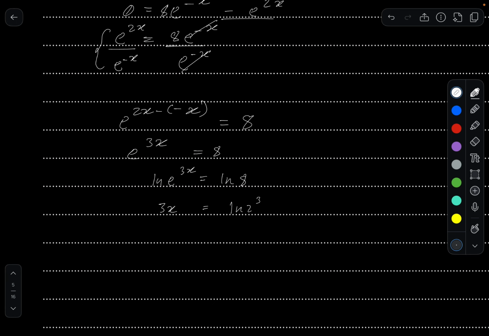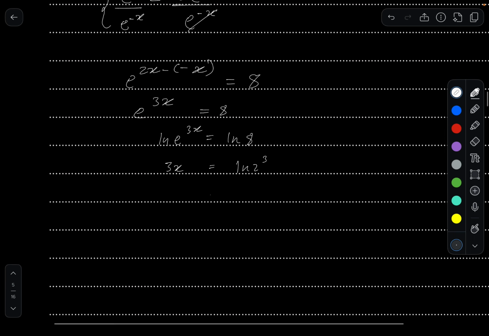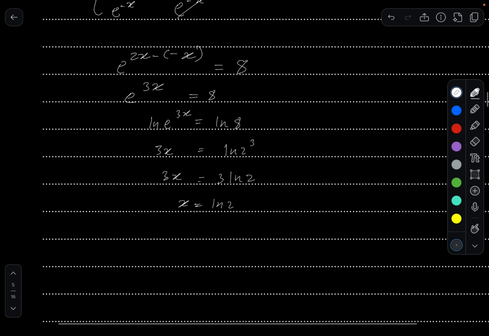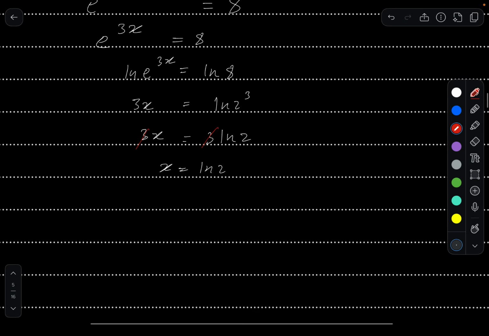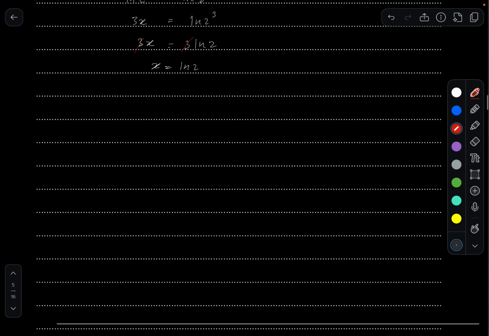The ln of e to the power of 3x just falls away to 3x, and then you have this 3 going to the front, 3 ln 2. Then x becomes ln 2 if you divide by 3 on both sides, because this 3 will cancel that one. So that's the x coordinate of B.